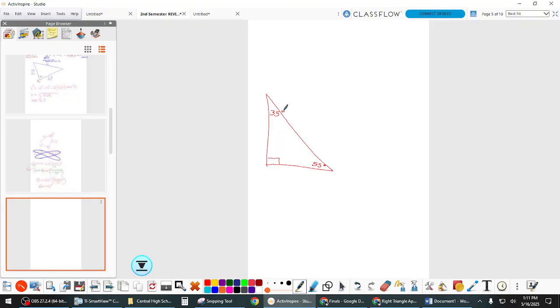Okay, so in terms of these, remember if I said sine of 35, what is the ratio for the sine of the 35 degree angle?